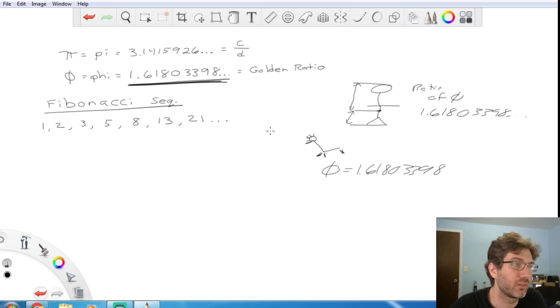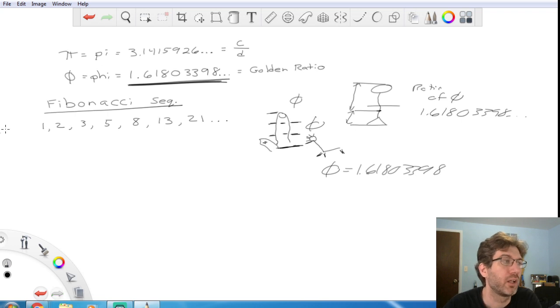And then you looked at your knuckles in your hands. I can't draw a finger any good. You have your first knuckle and your second knuckle and your fingernail, and then your other fingers or whatever. I'm horrible at drawing, but the ratio between this and this is also phi, and the ratio between this and this is also phi.